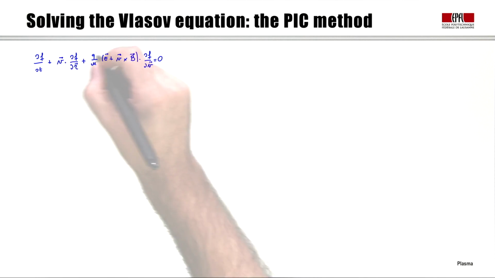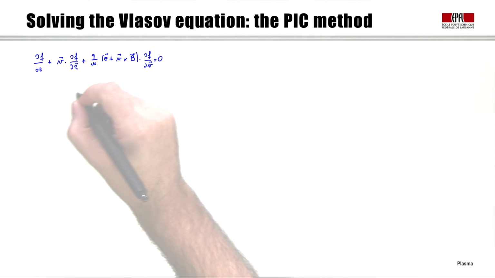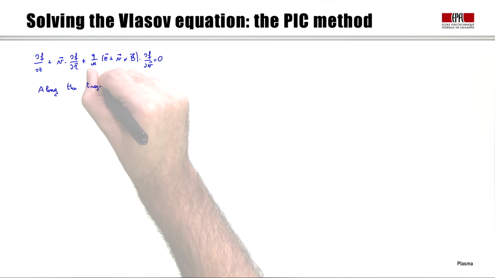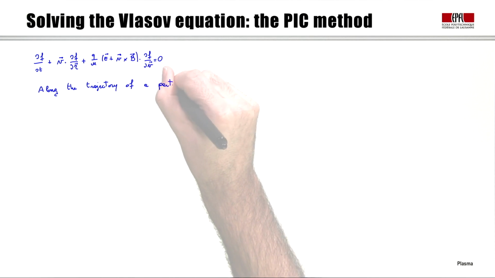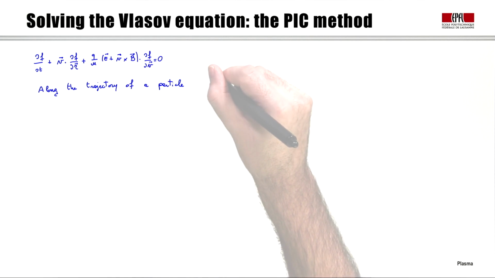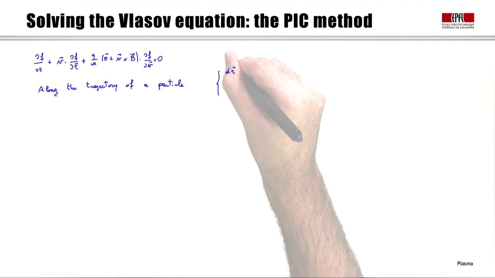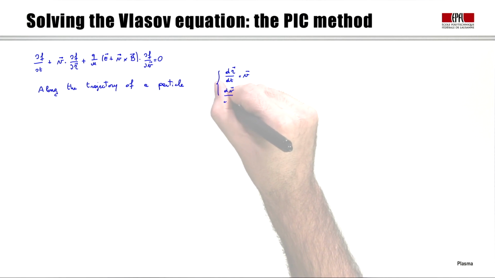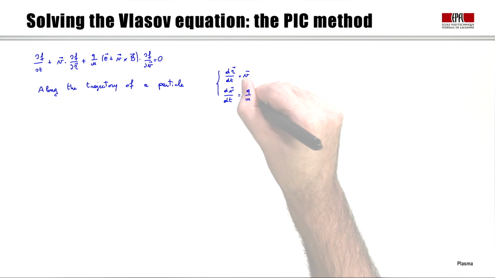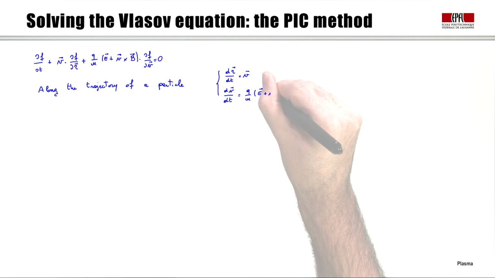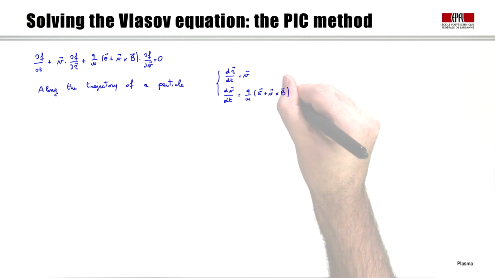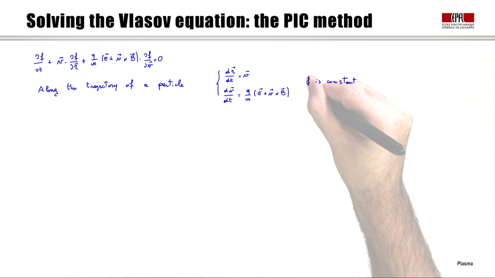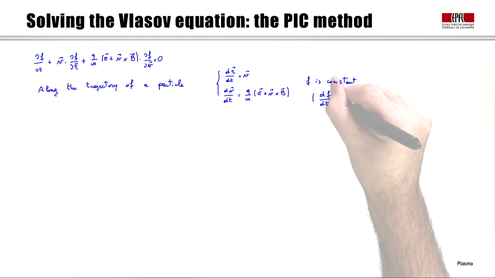This equation can be interpreted, as we have seen in the previous lecture, by saying that along the trajectory of a particle, that is in phase space given by dr/dt equal to v, and dv/dt equal to q over m (E plus v cross B), f is constant. In other words, df/dt is equal to 0.